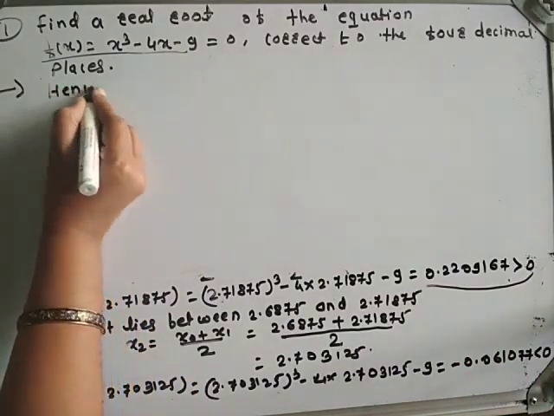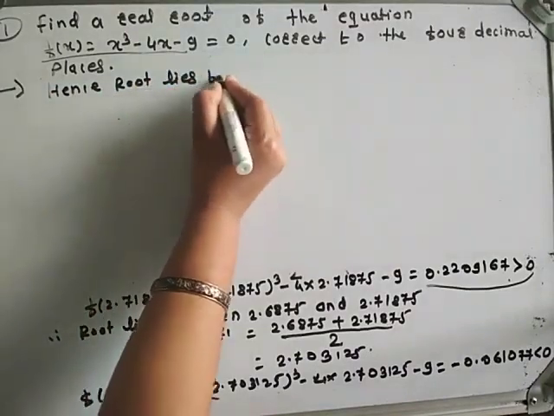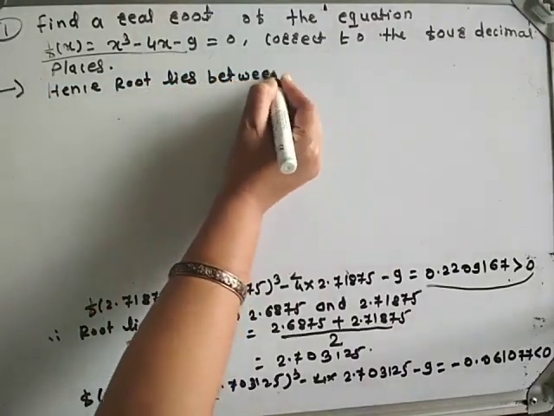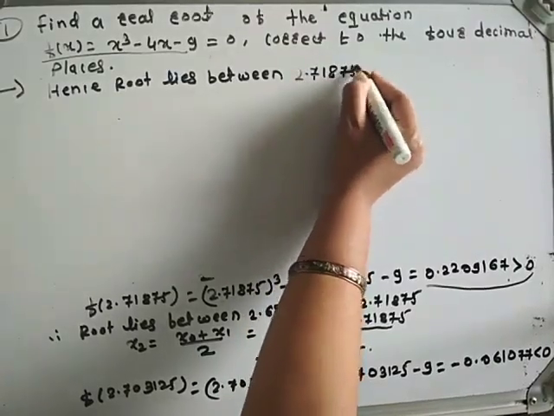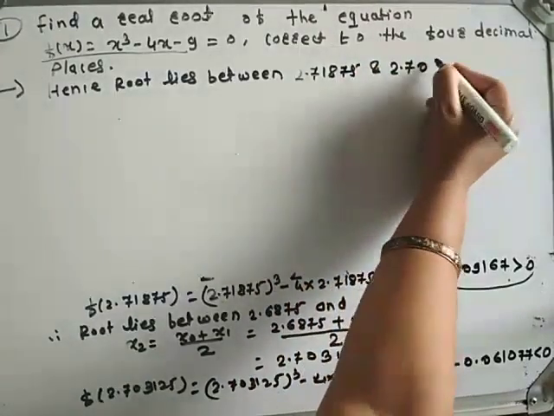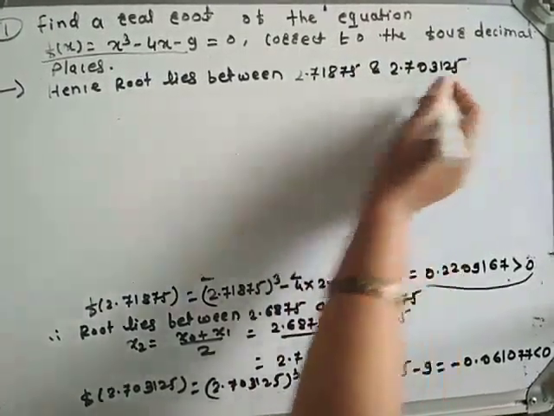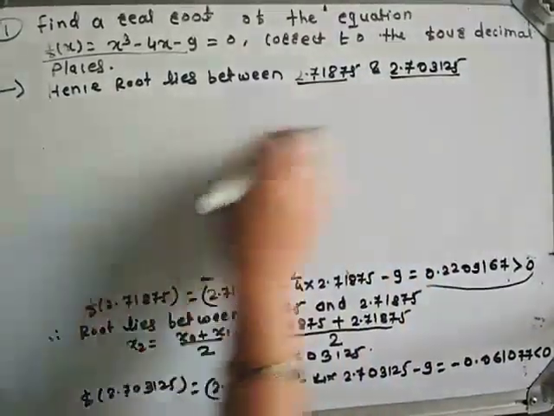Hence, the root lies between 2.71875 and 2.70312. Take x0 equal to this and x1 equal to this number.